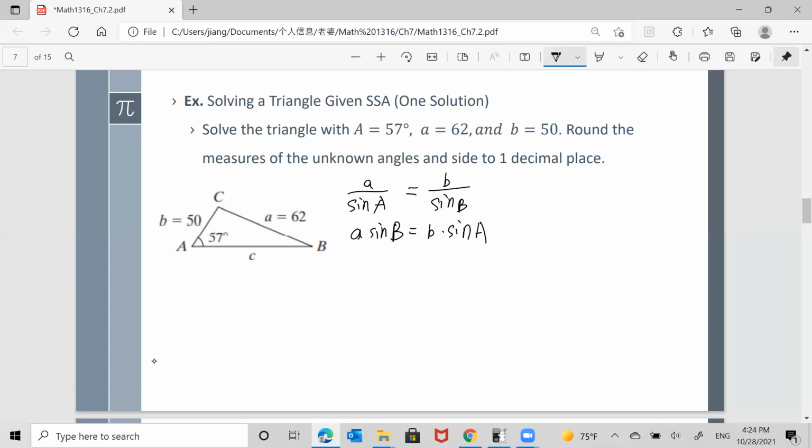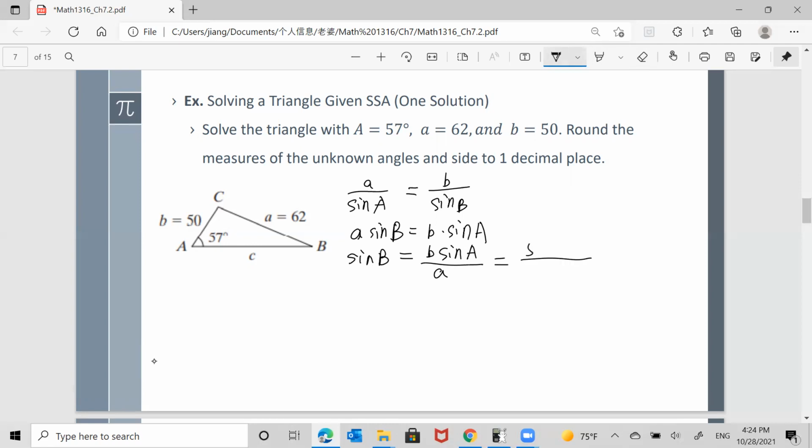Because a times sine B, b times sine A. And we are looking for sine B. Sine B equals, divided by a on both sides, that's b sine A over a. And then plug in the information.